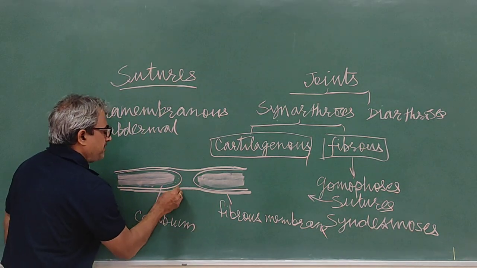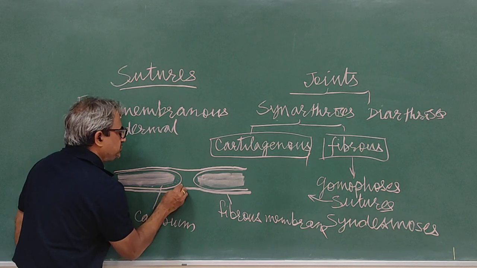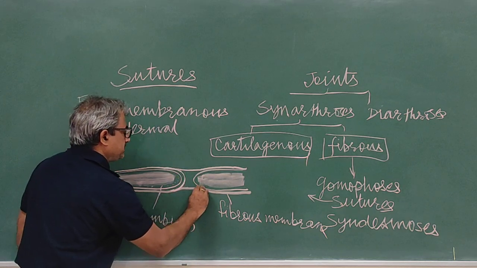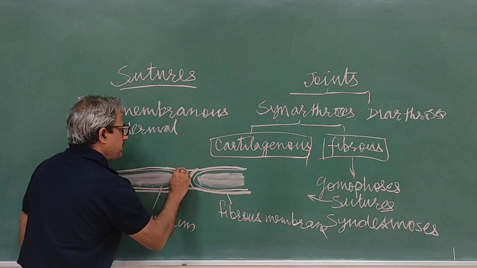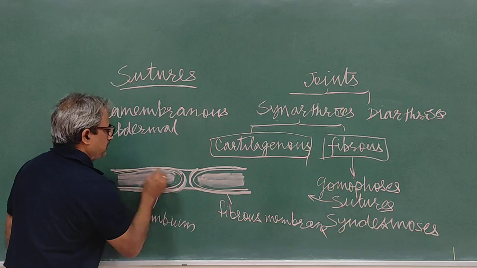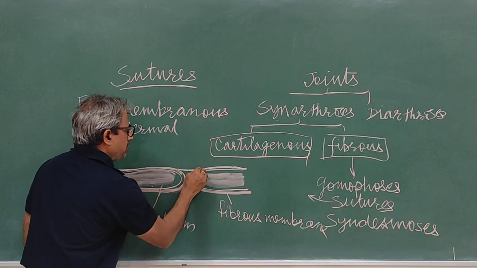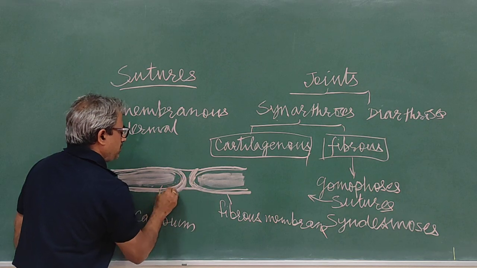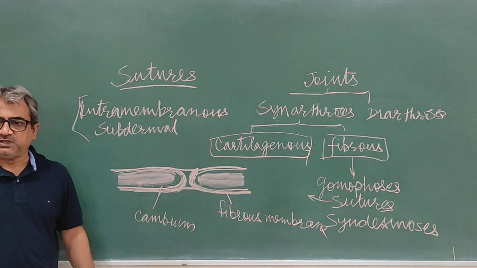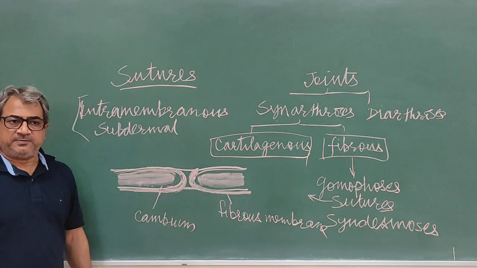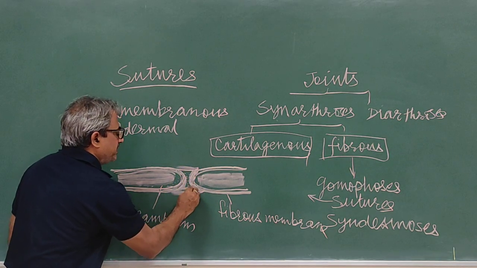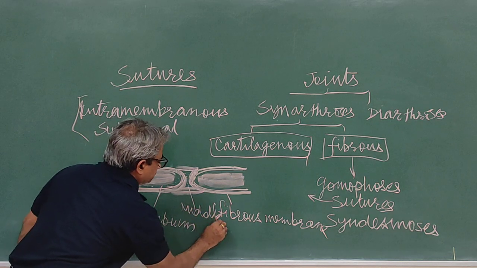So, and here in between, the tissue which is joining it, fibrous tissue, which is identical to the tissue of the periosteum, that is of the fibrous membrane, which is present there, and the periosteum which is present, and what is left in between, in the middle part, there is a connective tissue.